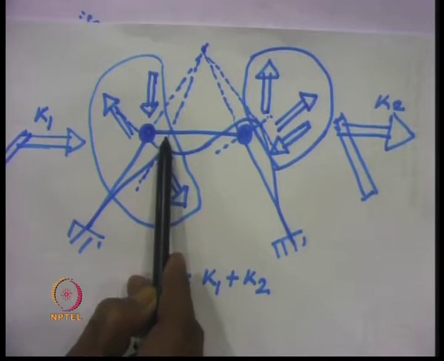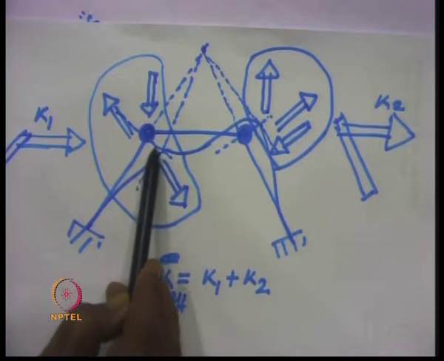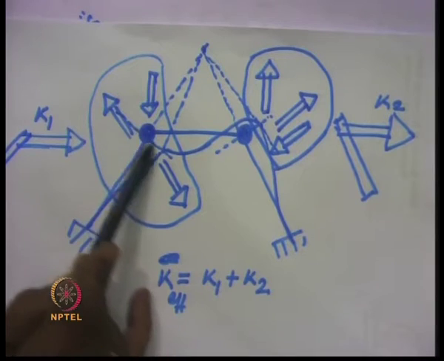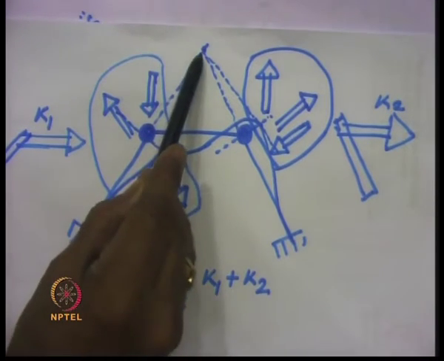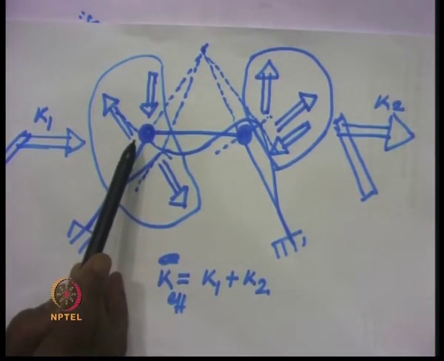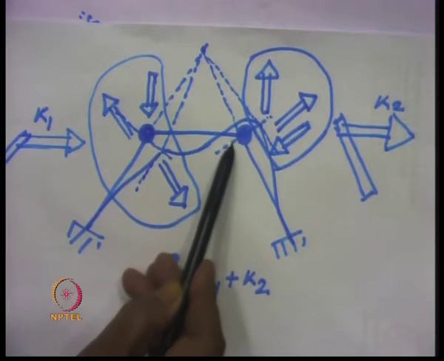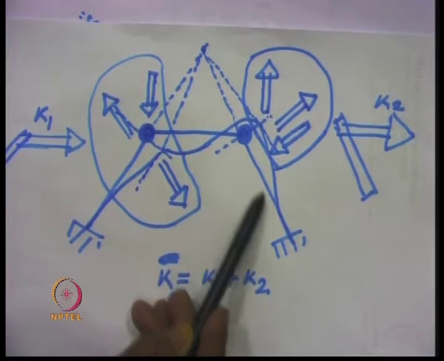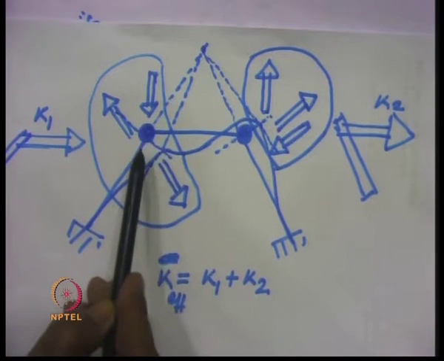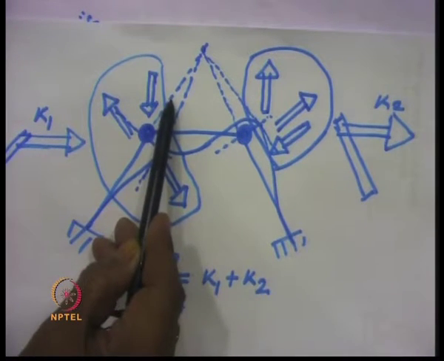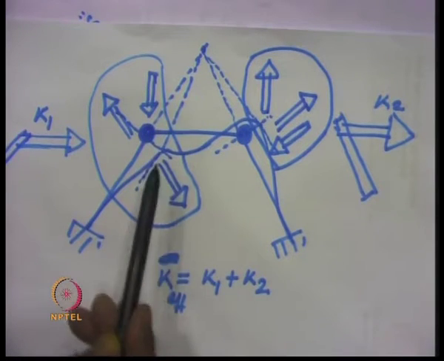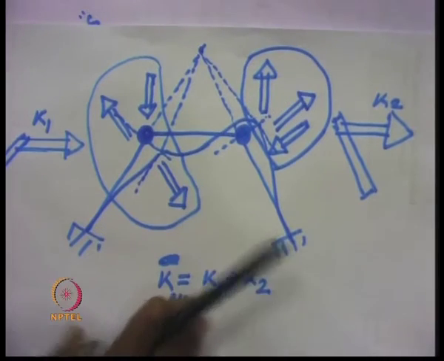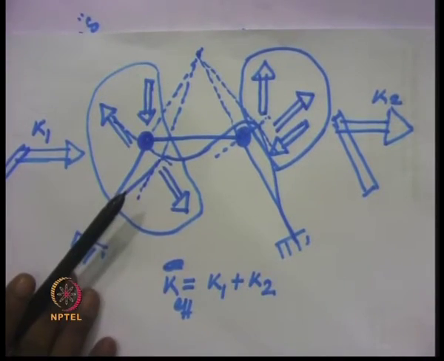unity. Now, this movement will be perpendicular to this member, or perpendicular to this dotted line. This movement also will be perpendicular to this member. In that case, the length of this and this remain unchanged according to the small displacement theory.